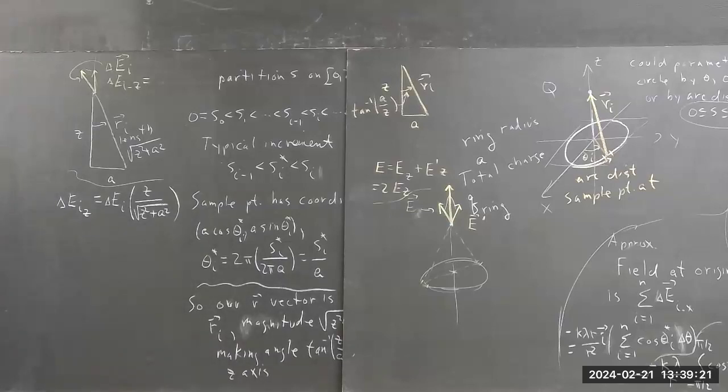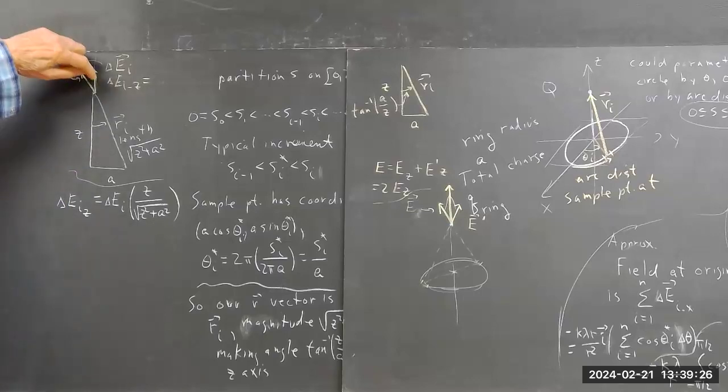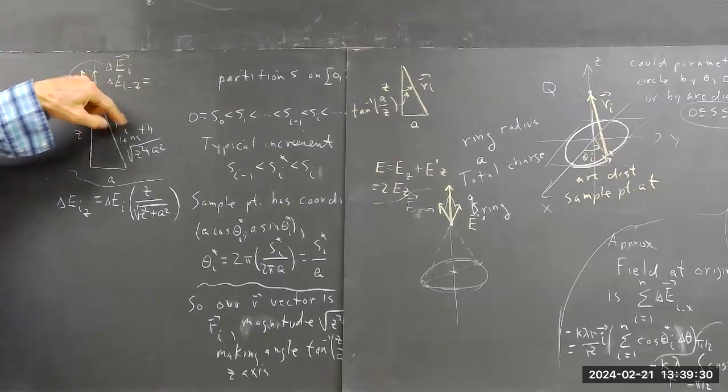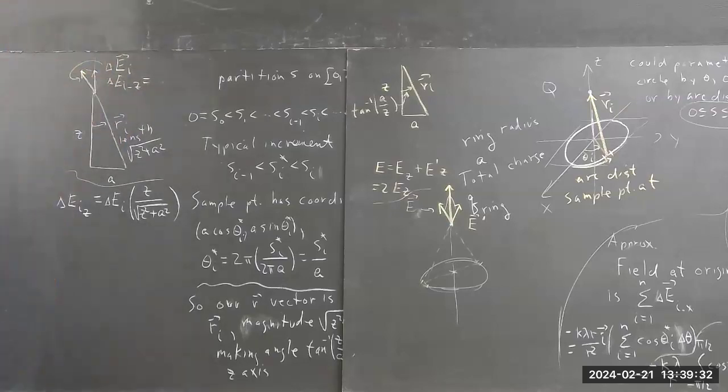That makes sense? I mean, this is shorter than this by the same proportion that this is shorter than this. It's just standard similar triangles.